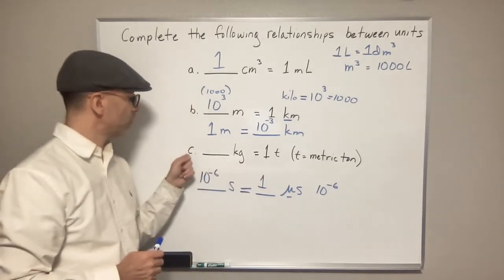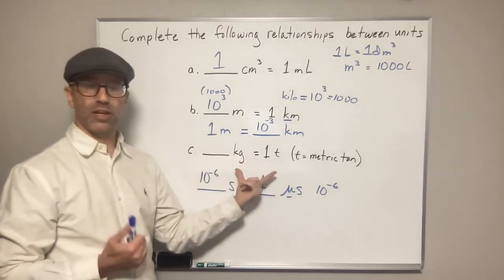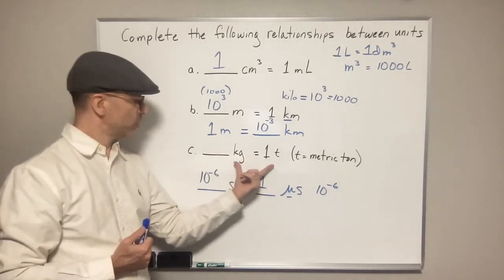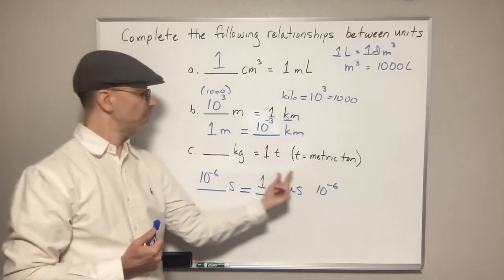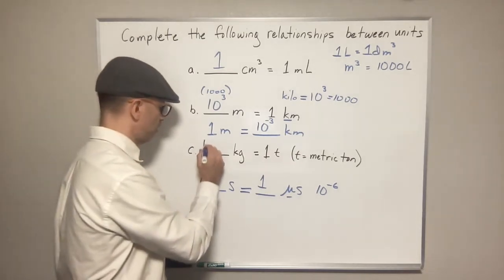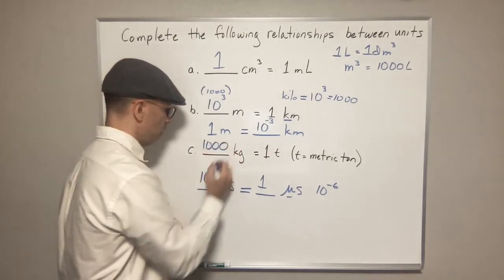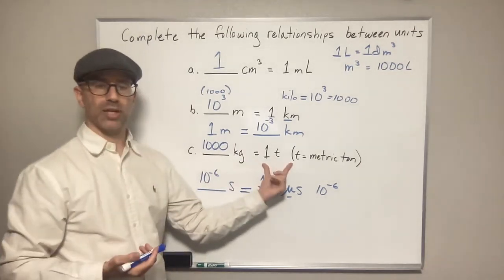Now, next, C. C is one of those things where it's just easier to remember that this little t here stands for metric tons. 1 metric ton is equal to 1,000 kilograms. That's just what a metric ton is.